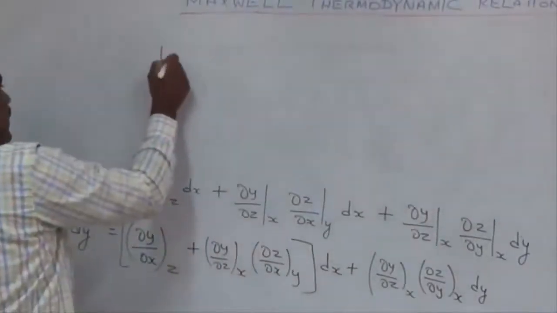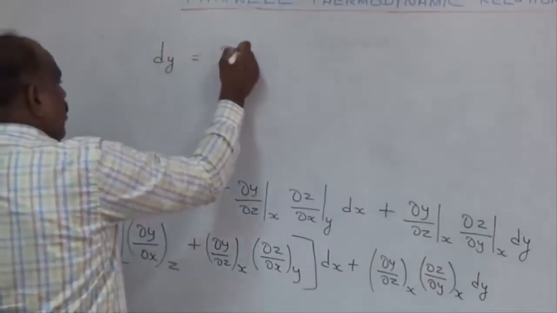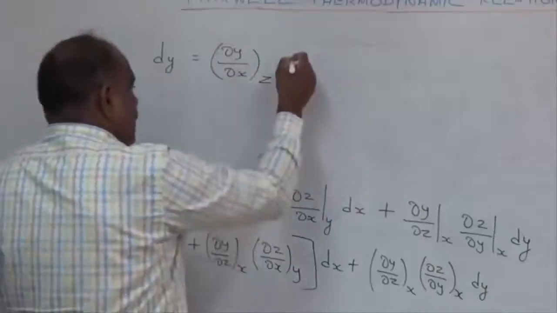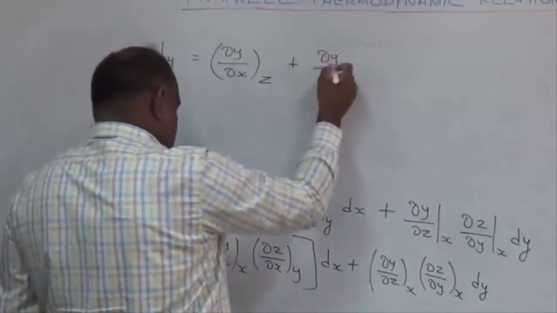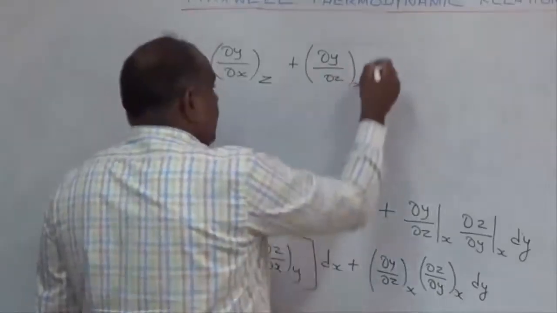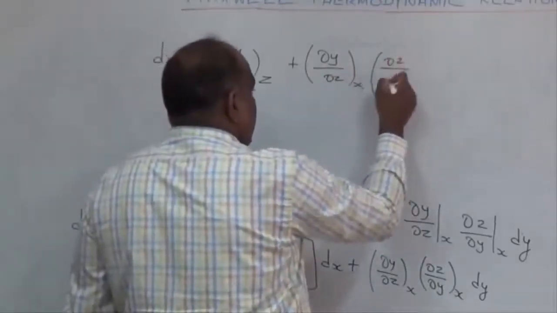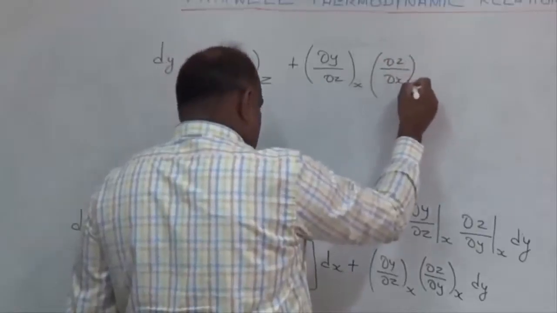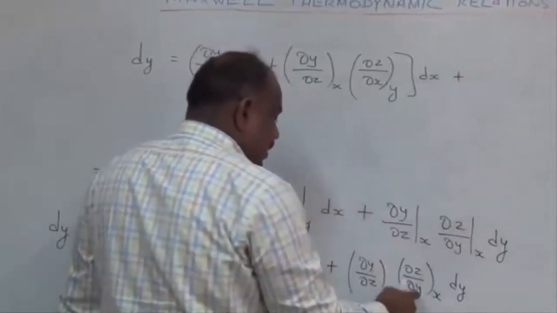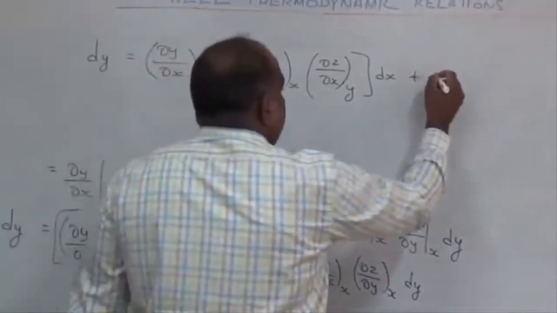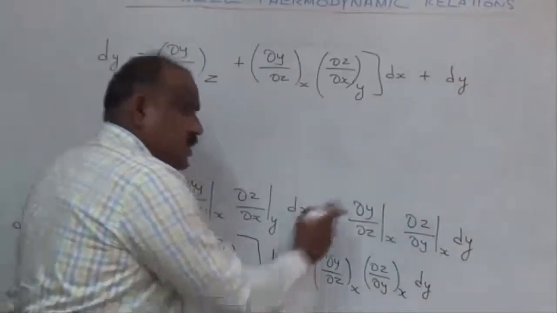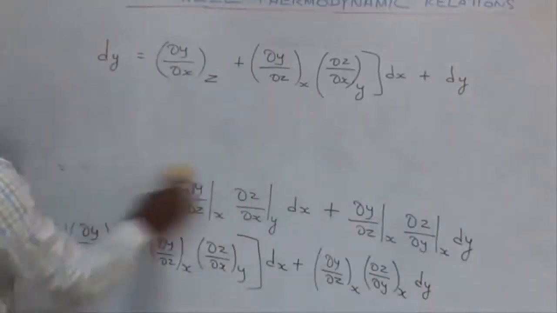So we can see dy equals ∂y/∂x at z plus ∂y/∂z at x into ∂z/∂x at y, dx, plus this term will go away, it becomes 1 into dy, or simply dy, because the value of this term is 1.